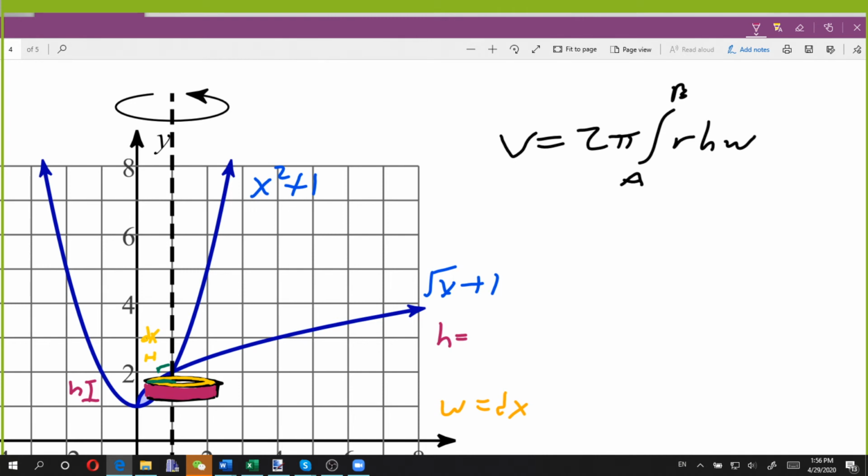It's not one. It's going to be variable, because our height will change from the start to the end. So if I blow this up, I'm looking for this distance.